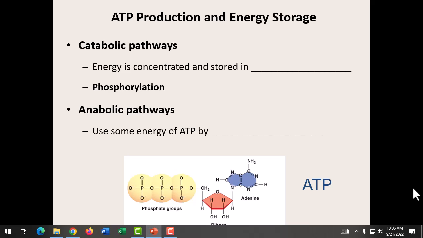Instead, your body broke it down, and it's going to store that energy for later today, and it does that by adding those extra phosphates on. At some point, you're going to have to make some molecules, and so I can use the energy in the ATP by breaking the high energy bonds. So first we store the energy in the bonds, but then when we want the energy, we just break the bonds.